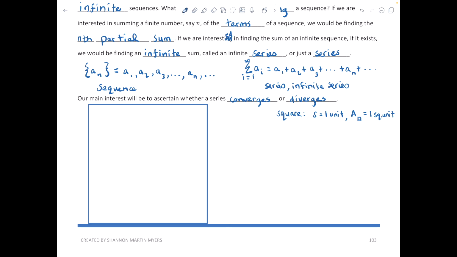Another thing to note is, actually, hang on, instead of writing in little square, I'm going to write this as the area a sub 0 would be 1 square unit.